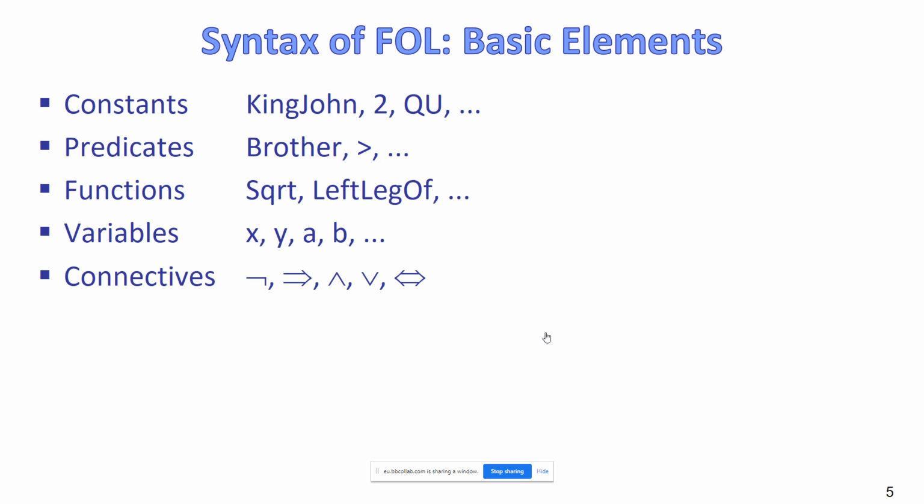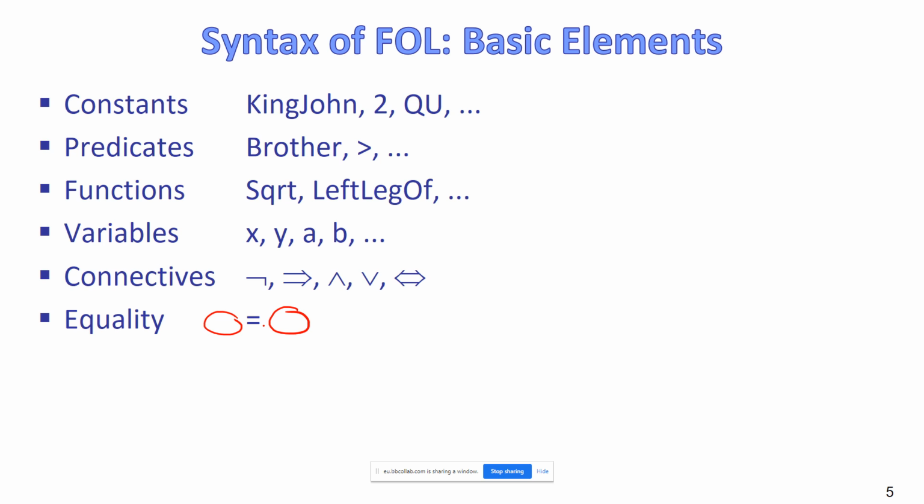We also have connectives, which are the operations that we already used in propositional logic: not, implies, and, or, and equivalent. We have the equality element, which means that whatever is on the left hand side refers to the same object that is referred to by the right hand side. So the equality here means that these two objects are the same.